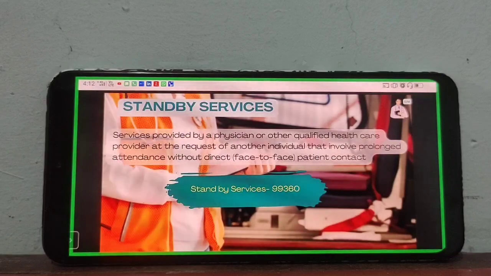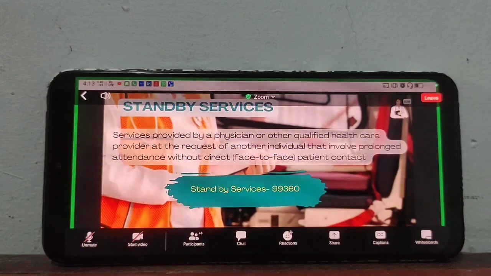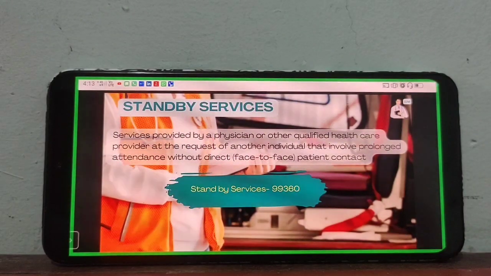Then you are starting the procedure. In the middle of the procedure, you decide that the procedure will take extra time. You are a surgeon, guys. I give anesthesia for you. So for that extra time, what modifier would you append for that surgeon?